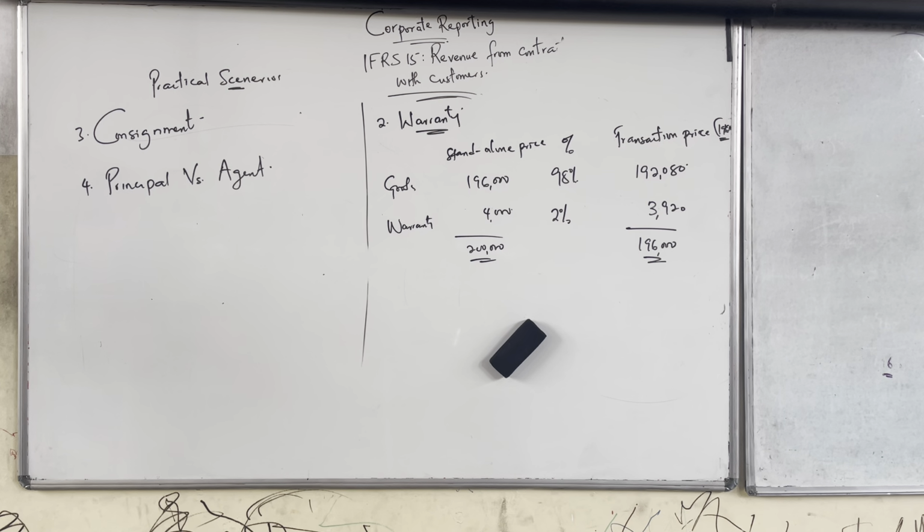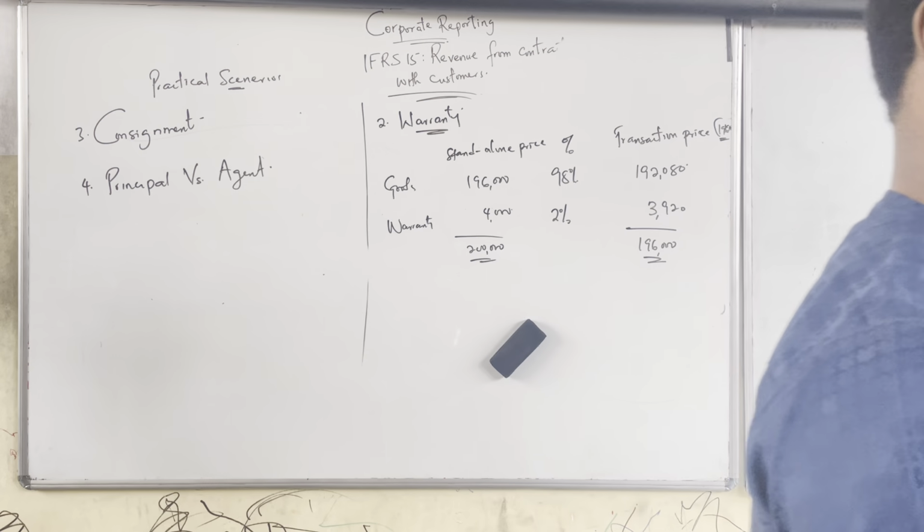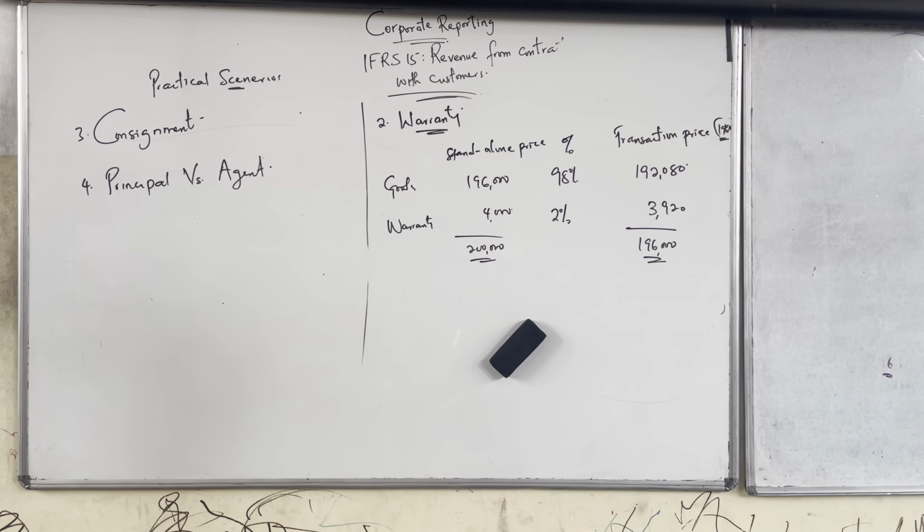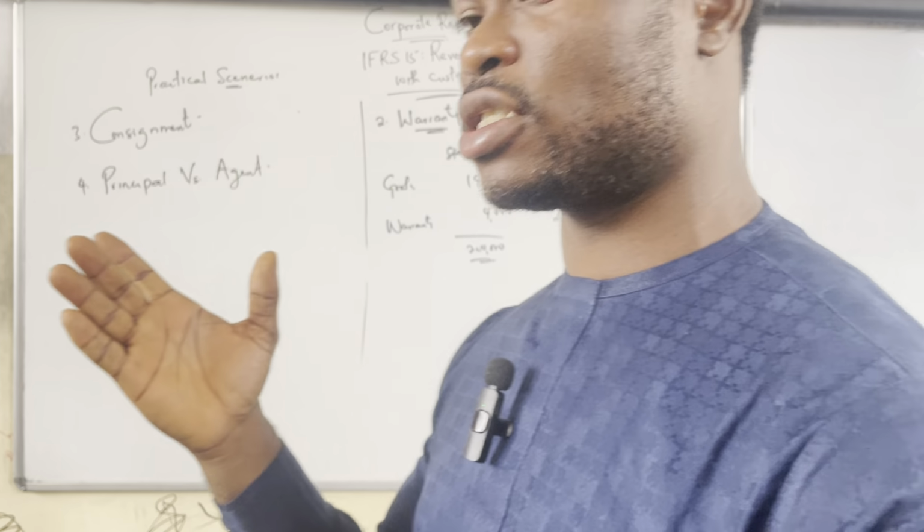So those four indicators will show that you are an agent, and the only revenue you recognize will be your fees and your commission. When you are just there helping to arrange the delivery of goods or services, facilitating the transaction, that is a principal versus agent relationship. There's a scenario I want us to look at in the handout to strengthen our understanding of that. Principal versus agent.